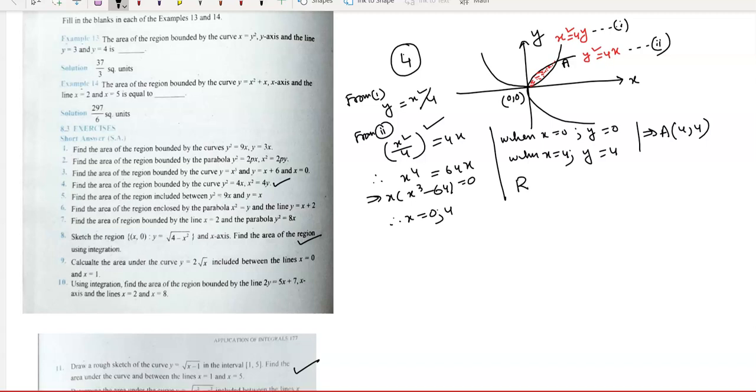So the required area will be the integral from 0 to 4 of y dx of the upper one, minus y dx of the lower one. So this thing changed to 2.